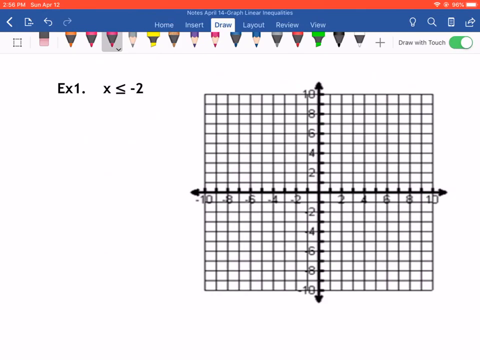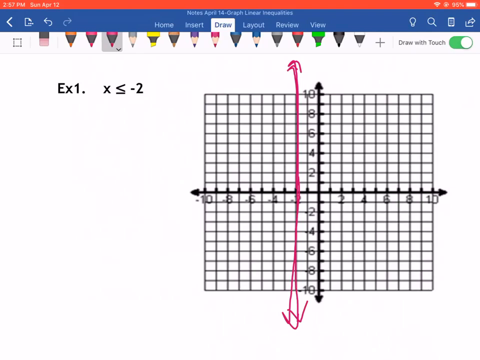What I see here is that x has to be less than or equal to -2. Therefore, it's going to be a solid line, not a dashed line, through -2. So I'm going to go ahead and do that. So here's my solid line through x equals -2. Bear with me, it's a little messy. Okay, so there's my solid line.